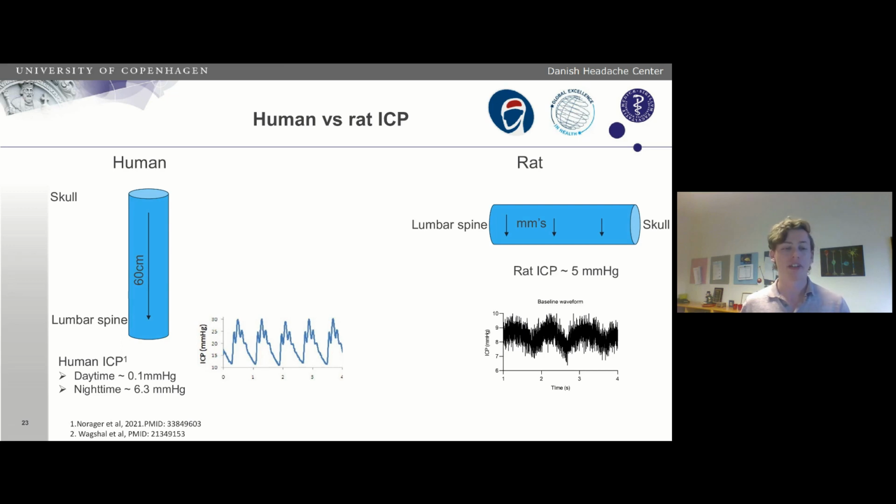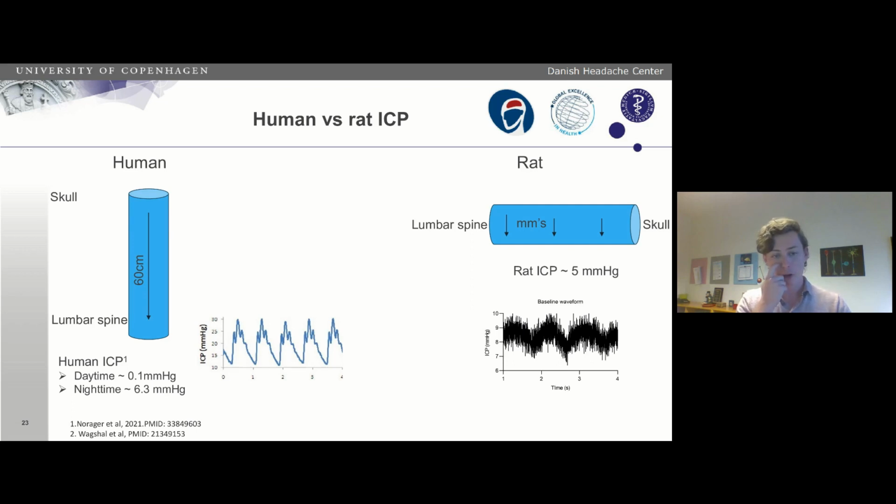sort of makes sense. You don't have the force of gravity pulling down on the water column and therefore causing reduced pressure at the top where the head is during the night, because the water column is not a column anymore. And when we're discussing the ICP waveform between humans and rats, we've already discussed what we see in rats, so a strong respiratory waveform and a bit of noise caused by the cardiac waveform.